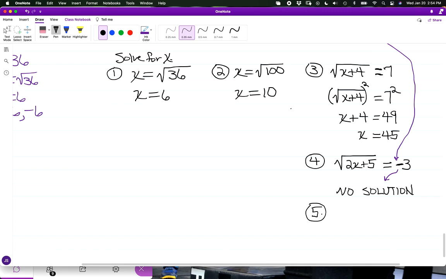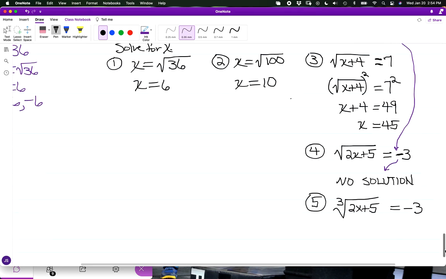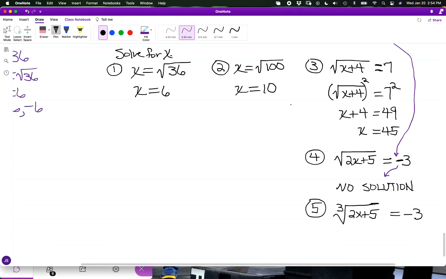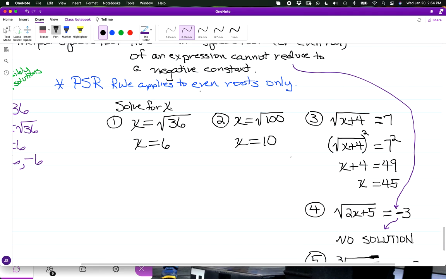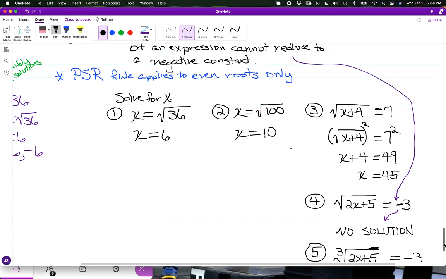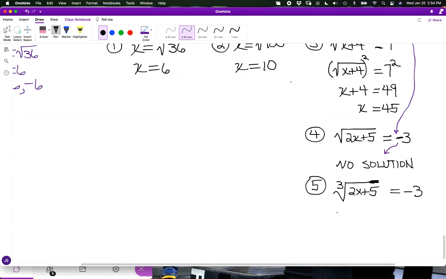And just re-entering, if I have, let's say, the cubic root of 2x plus 5 is equal to negative 3. Again, we have an odd root this time around. And again, the principal square root rule does not apply to odd roots. It applies to even roots only. So in this case, I can free up 2x plus 5.